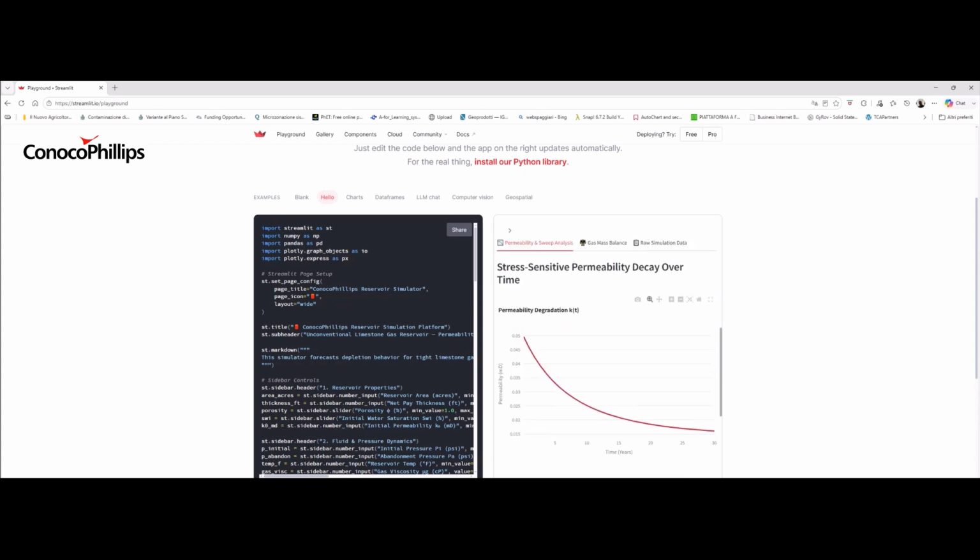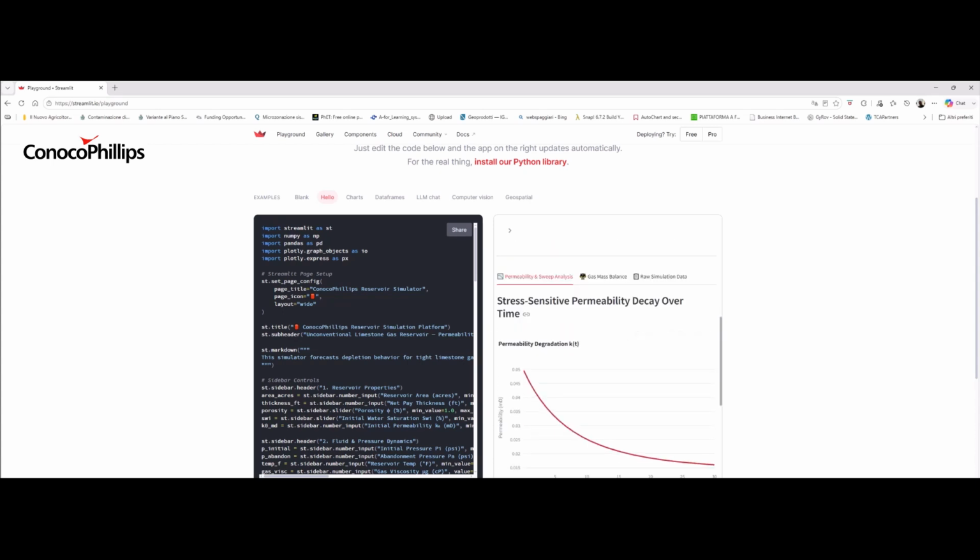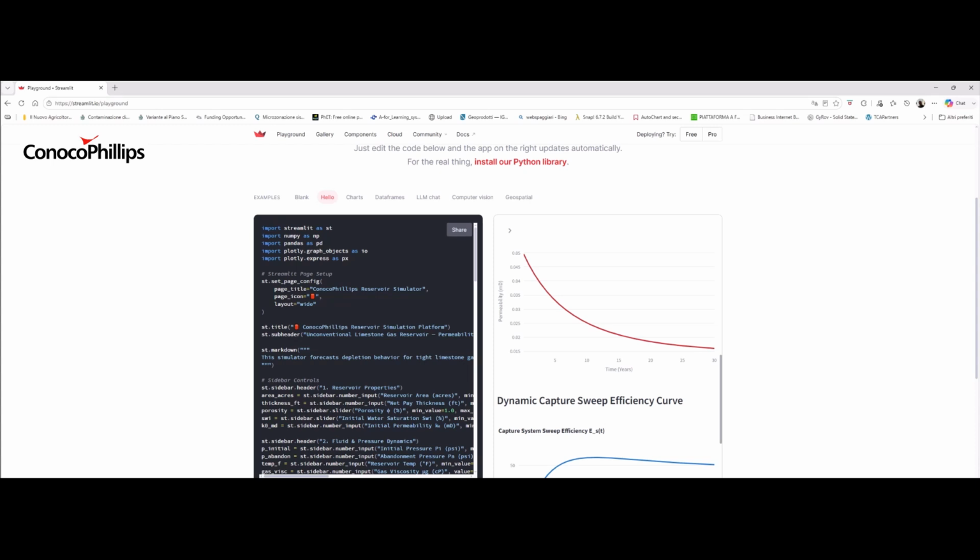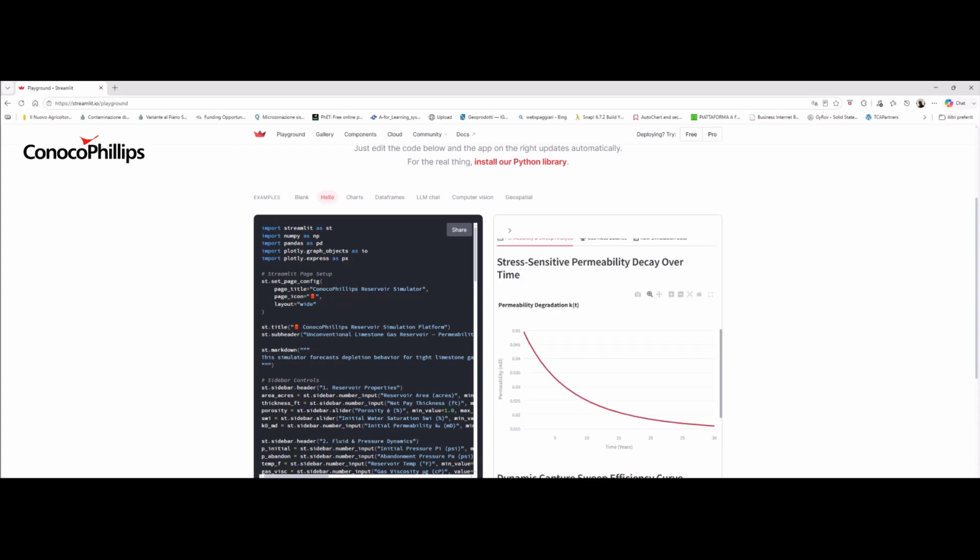So you have the stress-sensitive permeability decay, and over this, the gas balance, the stress-sensitive decay over time, and you also have this permeability degradation. You have the permeability over time, how it changes, a prediction of how permeability will change in the next 20 years.